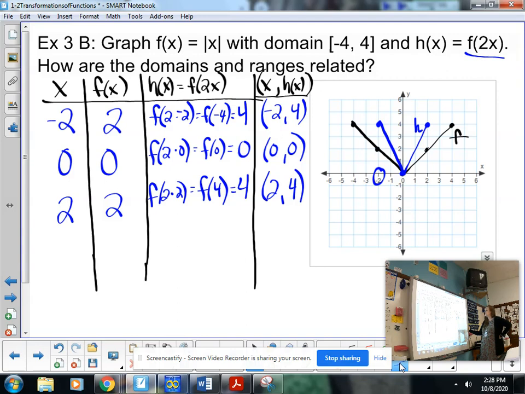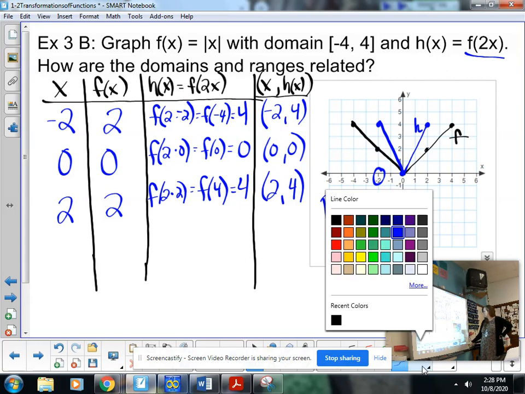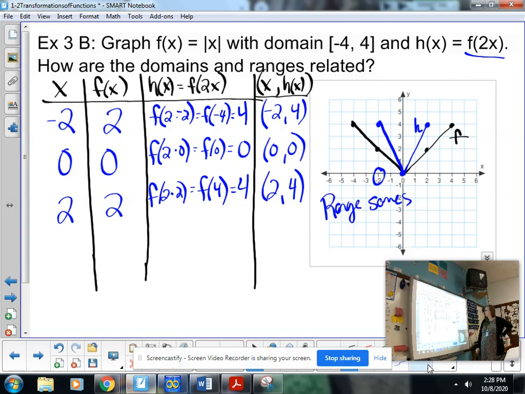Now when we compare the domains and ranges with these ones, the ranges are the same. They're going from the same bottom y value to the same top y value. But what changes about this one is the domain.